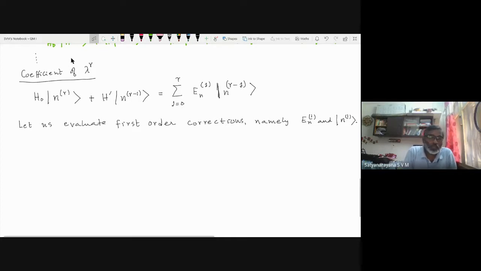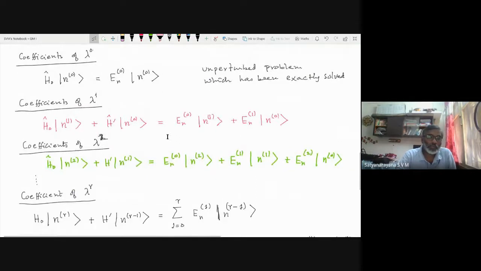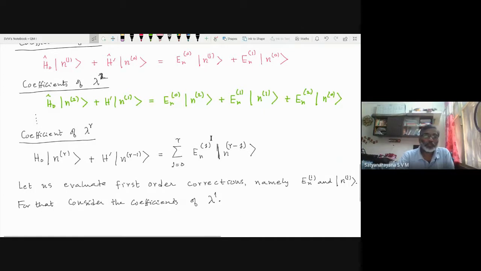Okay, let's evaluate the first order correction. So for that, consider the coefficients of lambda to the power 1. We have already collected them earlier. That is this red equation. So let me write that down here.